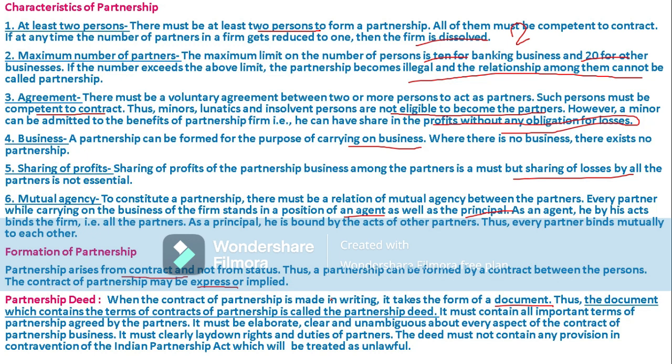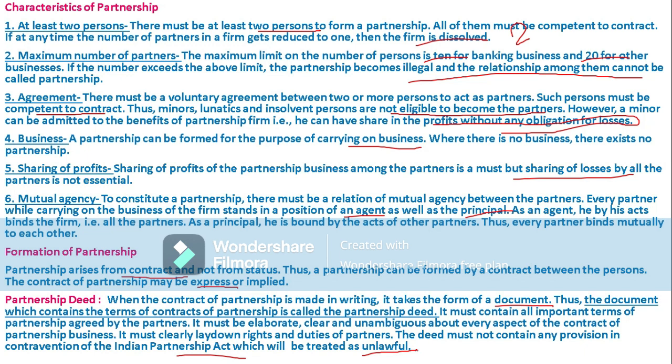If the partnership is not according to the provisions of the Indian Partnership Act, it will be treated as unlawful. So this is the partnership deed.